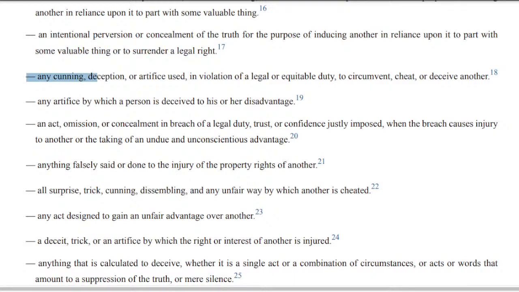Any cunning, deception, or artifice used in violation of a legal or equitable duty to circumvent, cheat, or deceive another. Any artifice by which a person is deceived to his or her disadvantage. An act or omission or concealment in breach of a legal duty, trust, or confidence justly imposed, when the breach causes injury to another or the taking of an undue and unconscientious advantage.